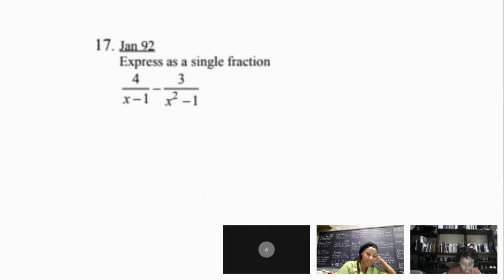Do you recognize what this is here? It's the difference of squares. How would we rewrite the difference of squares? x squared minus 1 would be written as what? x minus 1, x plus 1.